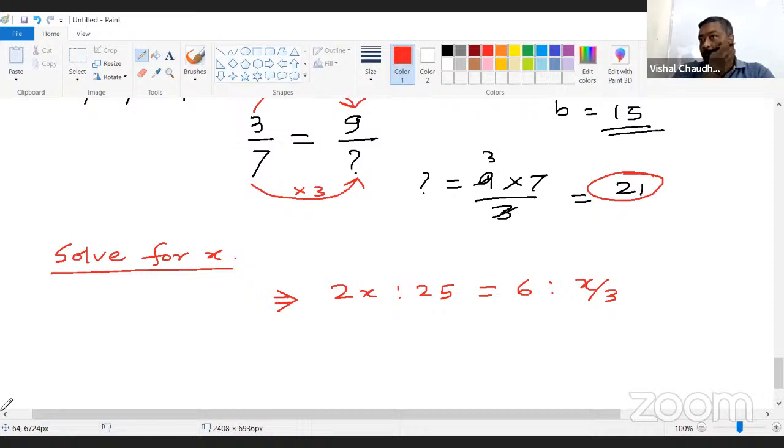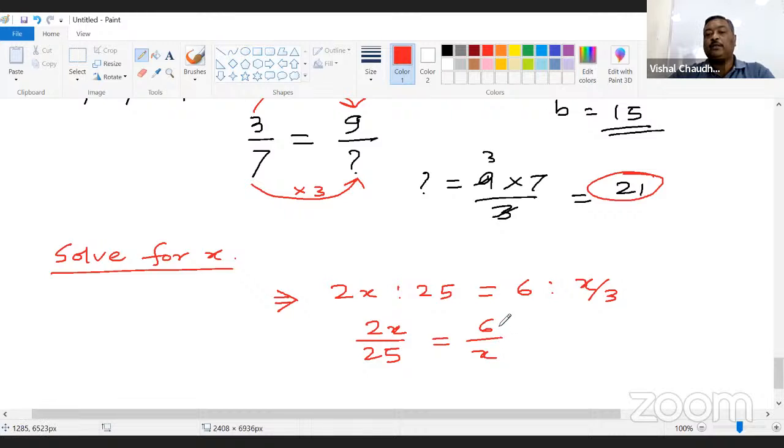Can I have the answer, please? Okay, let me see. It is 2x by 25, which is equal to 6 by x by 3.